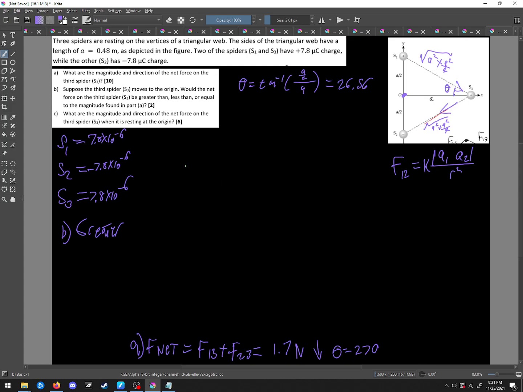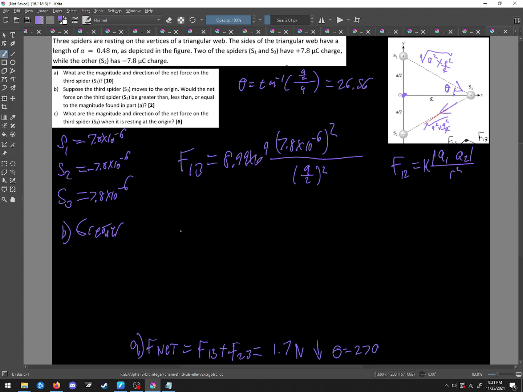Well, F13 is going to equal 8.99 times 10 to the 9th, and the r squared here is just going to be a over 2 squared, and this is going to be 7.8 times 10 to the negative 6 squared on top.